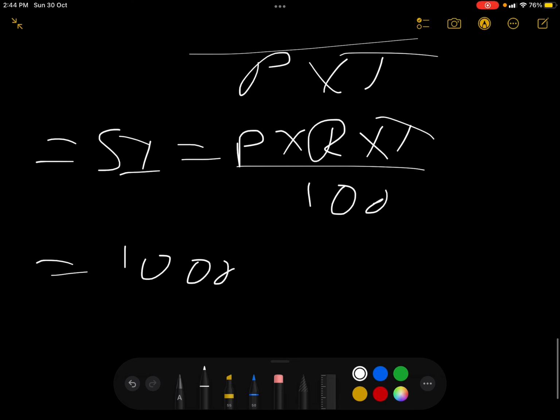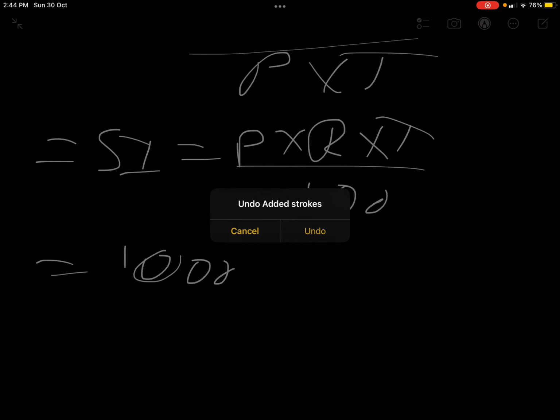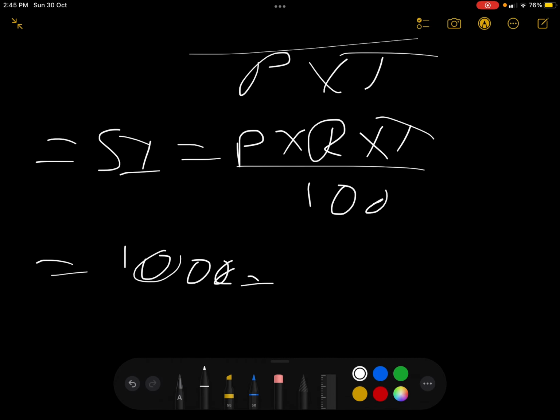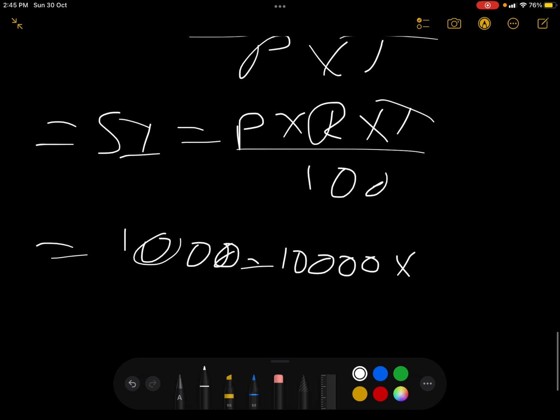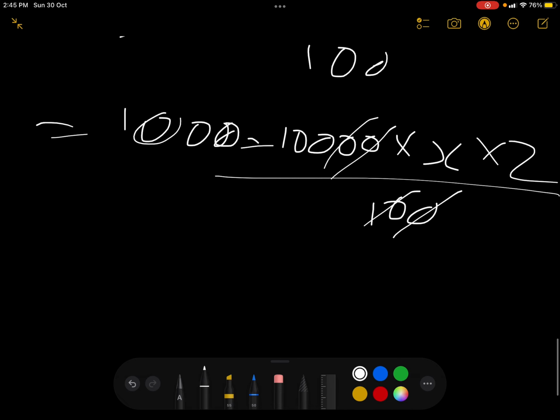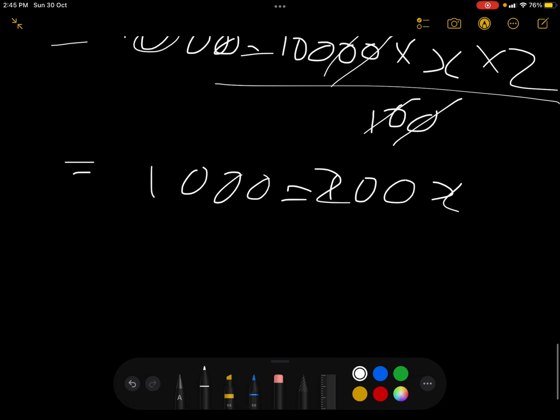Basically 1,000 is equal to, what is our principal here? 10,000. What is our rate here? We are taking it to be x. What's our time? 2 upon 100. Cut these two zeros with these, and it becomes 1,000 is equal to 200x.